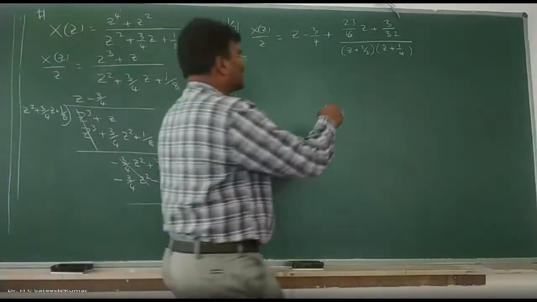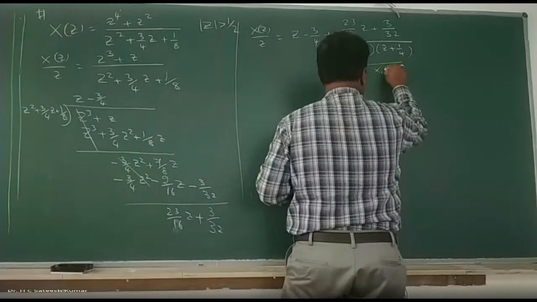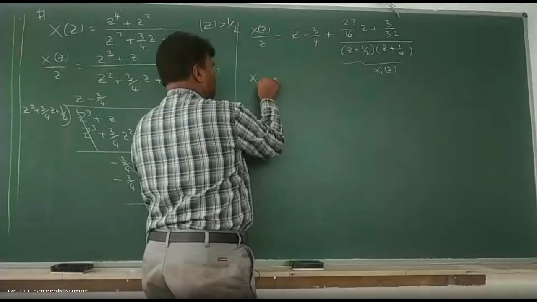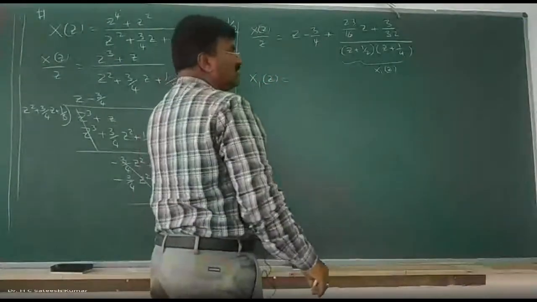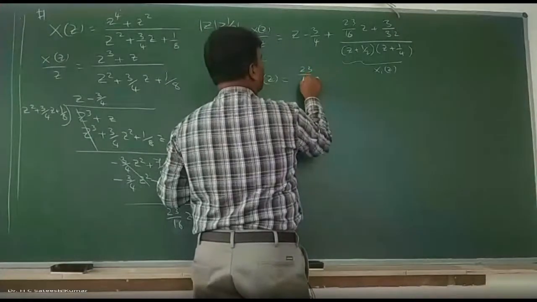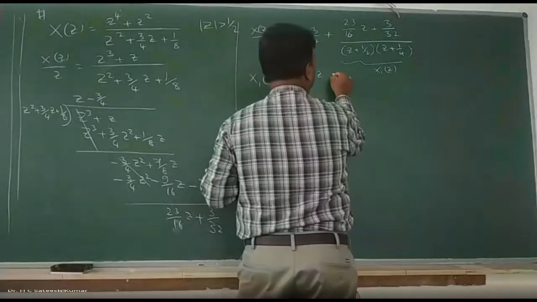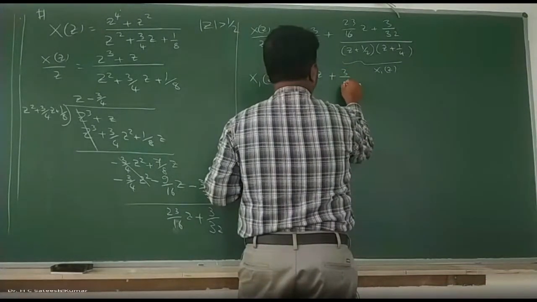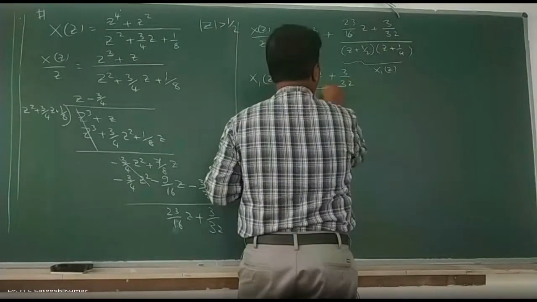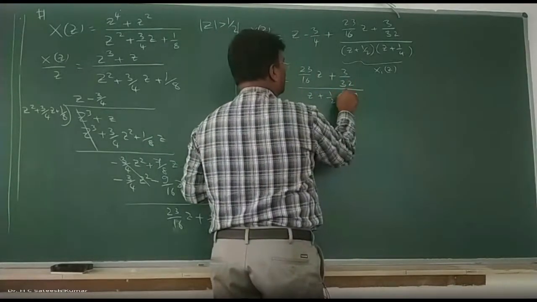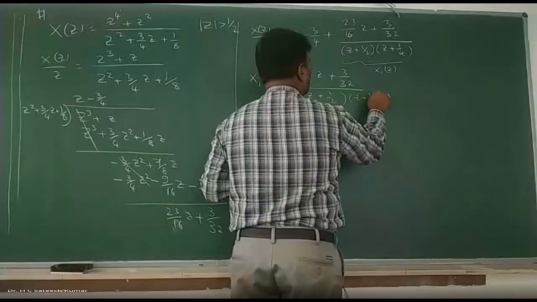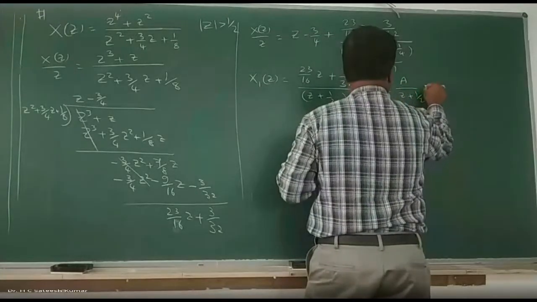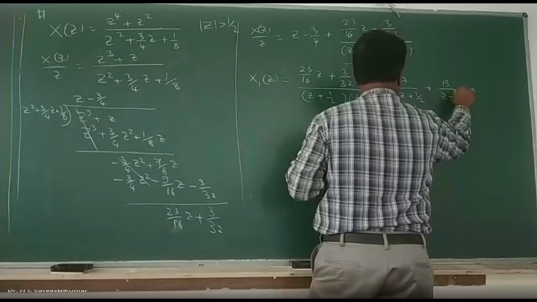Call the second term X1 of Z and do it separately. Go for the partial fraction of that one. 23 by 16 Z plus 3 by 32, whole divided by Z plus half into Z plus 1 by 4, is equal to A divided by Z plus half plus B divided by Z plus 1 by 4.